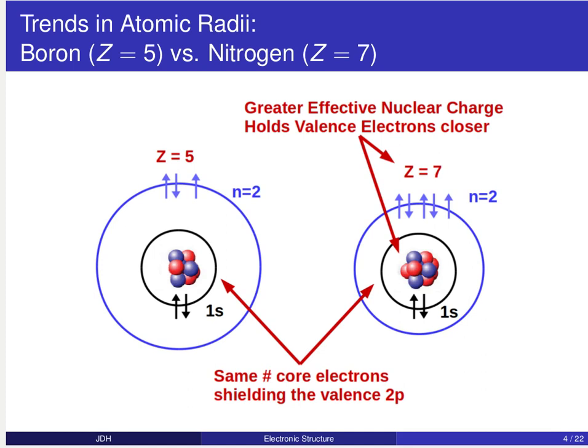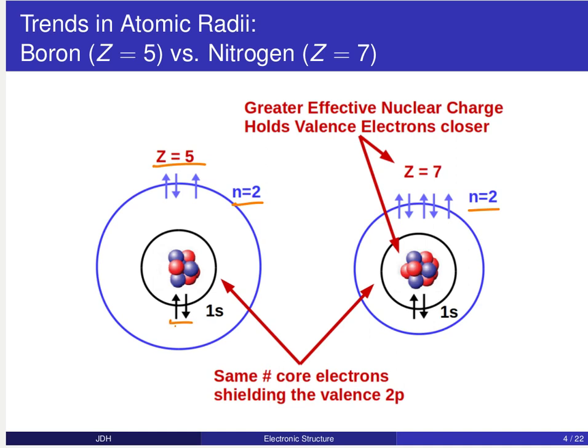So if we compare boron and nitrogen and draw out some simplified view of these orbital models, we can see that for boron, we're both second row elements, so our outermost shell is going to be n equals 2 in both cases. For boron, we have a total of 5 electrons.